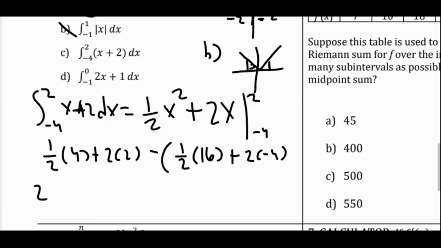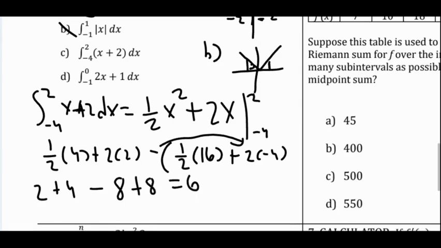So I get 2 plus 4 minus, carry over 8, and then also carry it over here. So a negative 8 becomes a positive 8, which gets me 6, which does not equal 0.